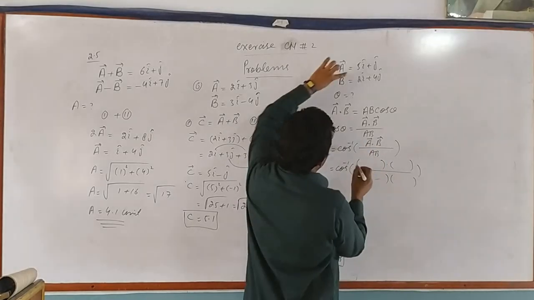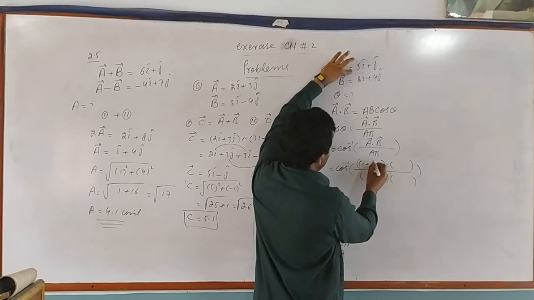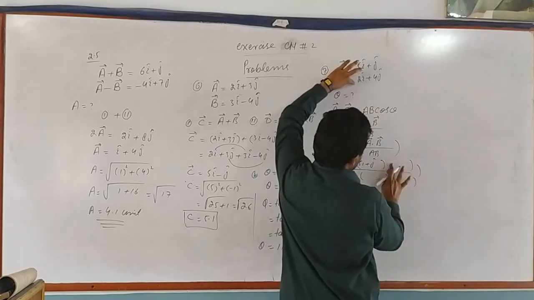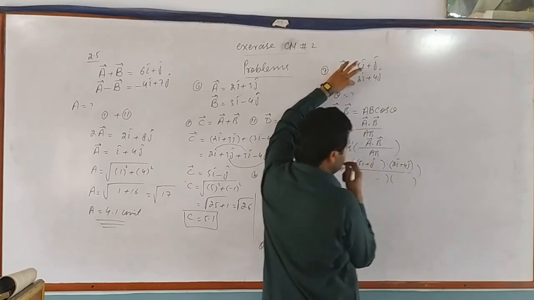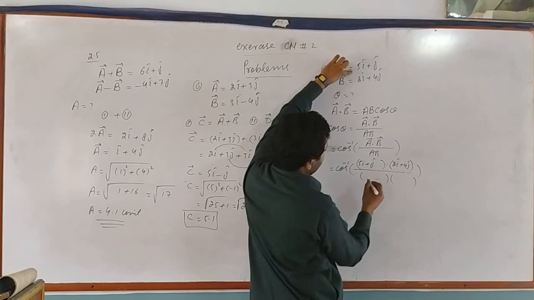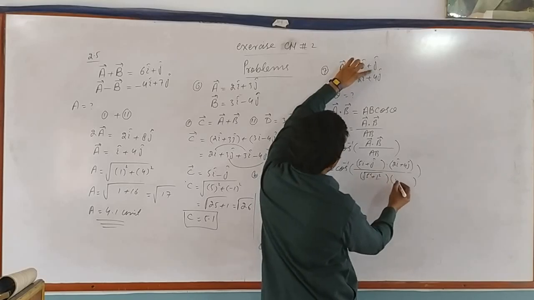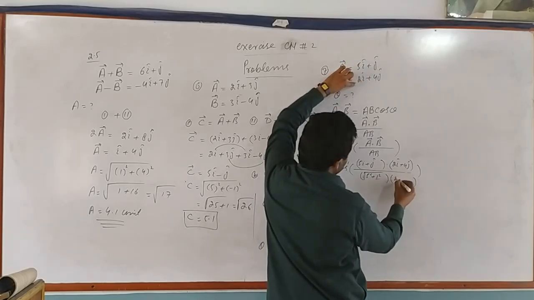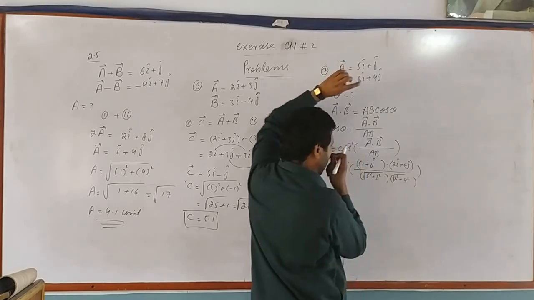Vector A has values 5i unit vector plus j unit vector, and vector B has values 2i plus 4j unit vector. Similarly, the magnitude of vector A will be calculated by the Pythagorean theorem, 5 square plus 1 square, and for B, 2 square plus 4 square, whole under root.